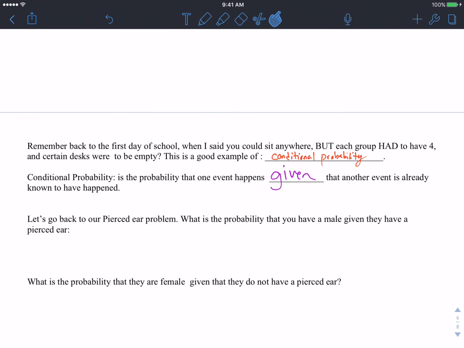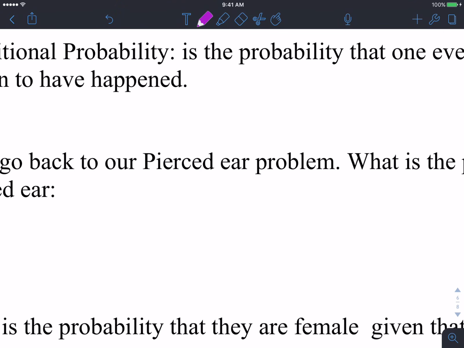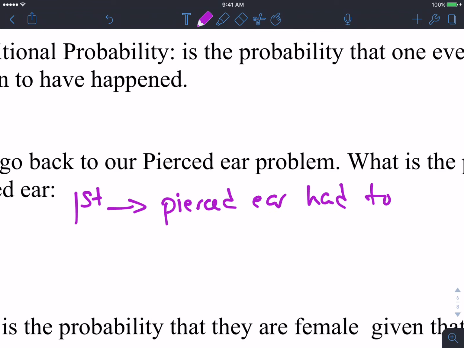So if we go back to our pierced ear problem, what is the probability that you have a male given they have a pierced ear? So what this essentially says is the first thing we have to do is the pierced ear had to have happened.